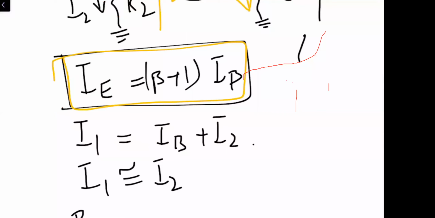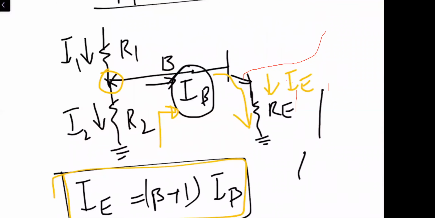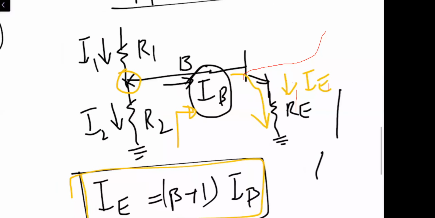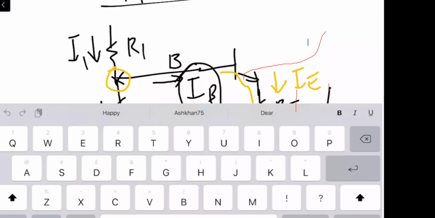But IB is very, very small as compared to I1 and I2, and therefore I1 is approximately equal to I2. But why is IB neglected over here? If we take the resistance offered to IE as RE, but the current flowing over here is IB, what is going to be the resistance?